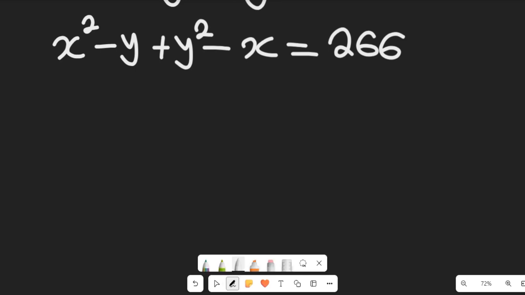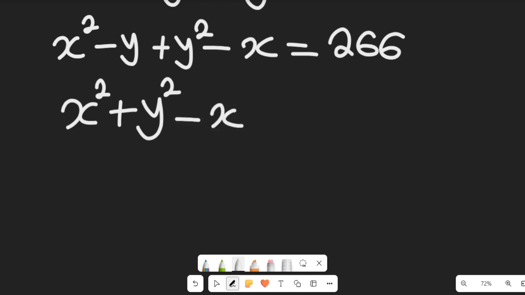Now let's arrange the equation properly. If we arrange this equation, we're going to have the two squares coming as x squared plus y squared, and this is going to give us negative x minus y, and this is equal to 266. Great.